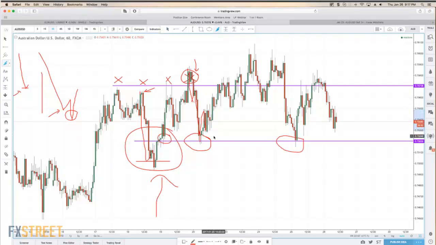Oh, no lower low. Halt quite a bit again, coming down again for a test. Now you're starting to notice, wait a minute, no lower low here, no lower low here, and no higher highs here.